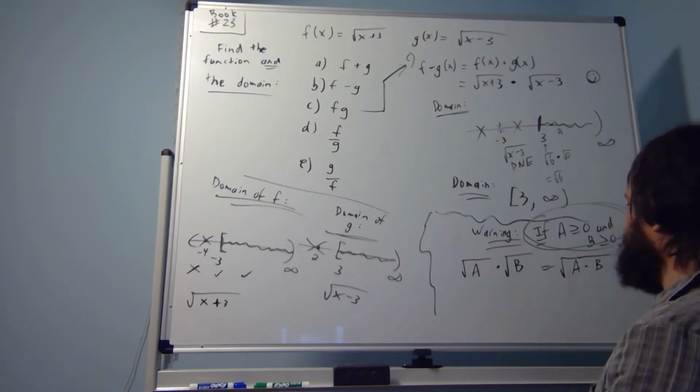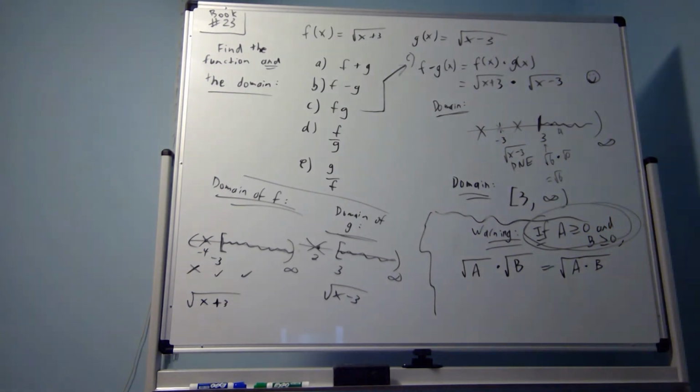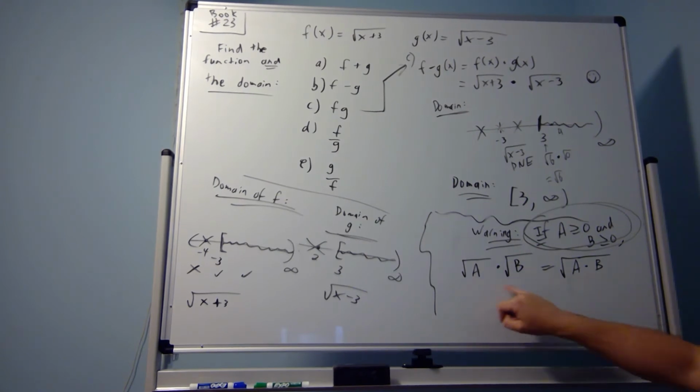bad things can happen. So if you don't know whether or not the two expressions are positive, then these two expressions are sort of the same, except this one might have a bigger domain. So if A and B are both negative, the right-hand side is well-defined, but the left-hand side, ooh, I don't know about that.